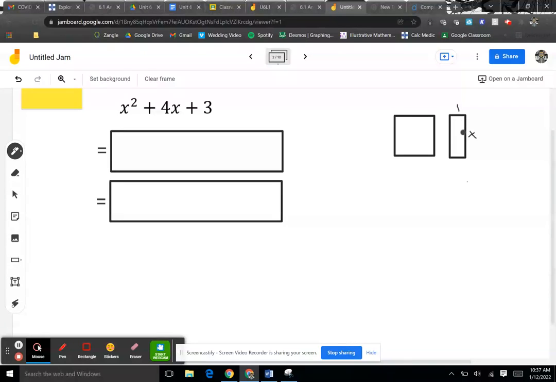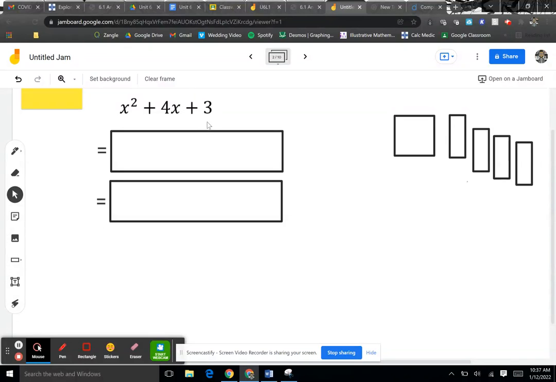So this is 1 times x, which makes this area x. But I don't just have one x, I have 4 of them. So I'm just going to draw 4 rectangles like this. In fact, I can just click on this and duplicate it. There's 2, 3, and 4 of them. So I have 4 x's right here. I'll label them in a minute.